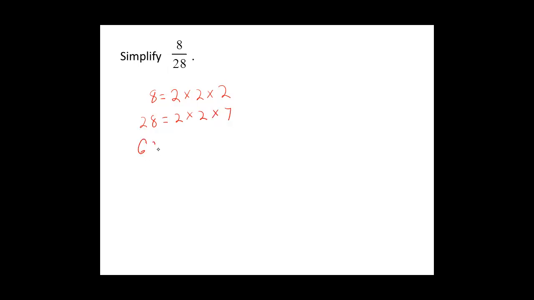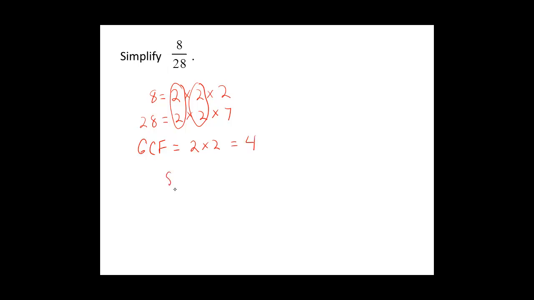The greatest common factor of 8 and 28 is equal to the numbers that they have in common multiplied together in their prime factorization. So the greatest common factor is equal to 4.